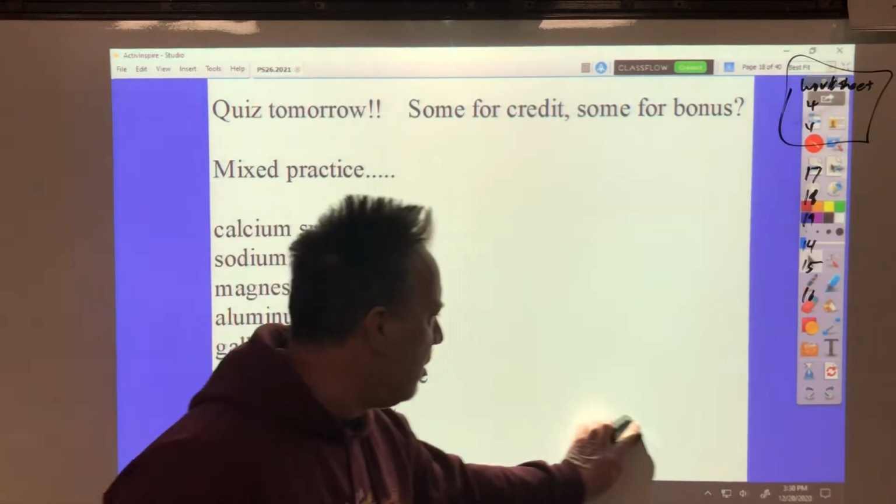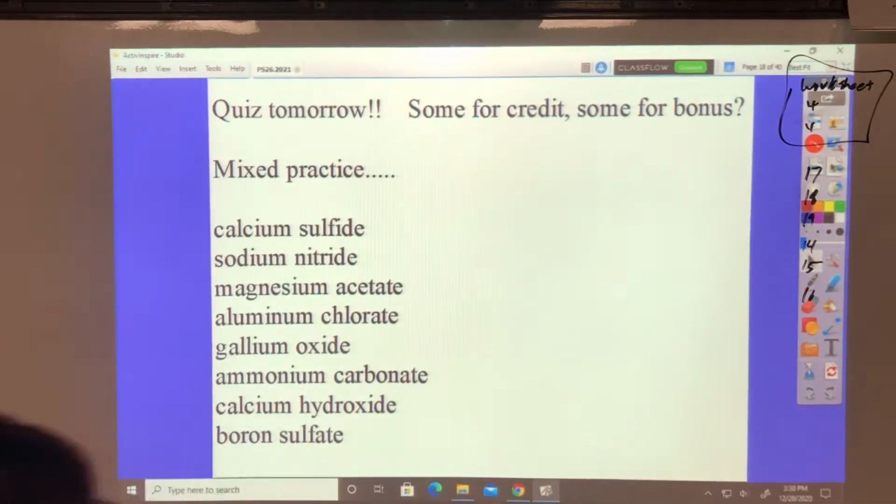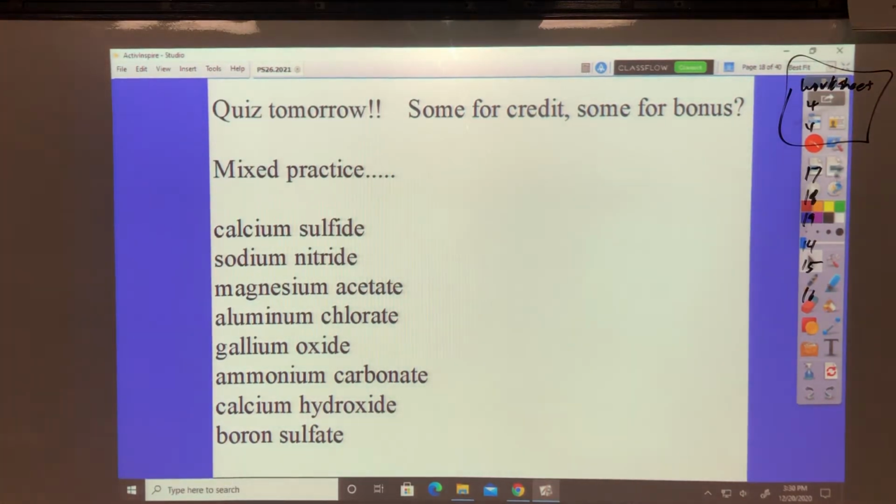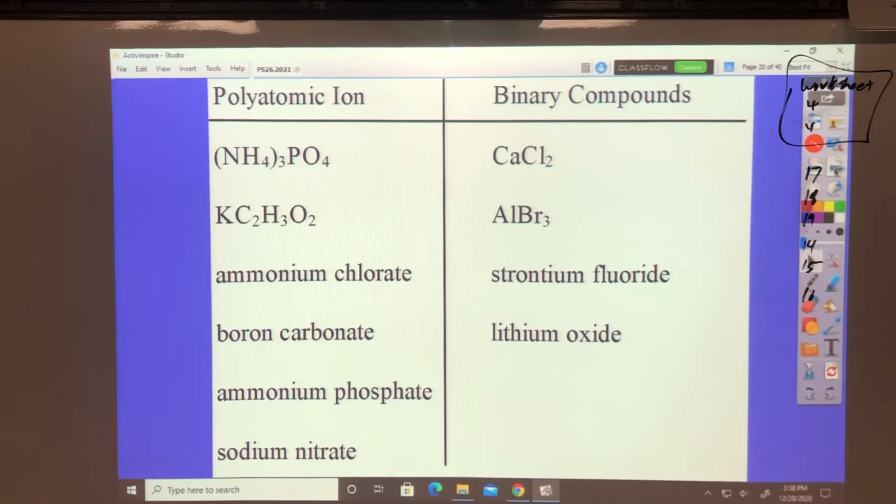Now let's try some more mixed practice. This is probably a little bit of naming. Okay, here I've got them sorted out into binary and polyatomic.